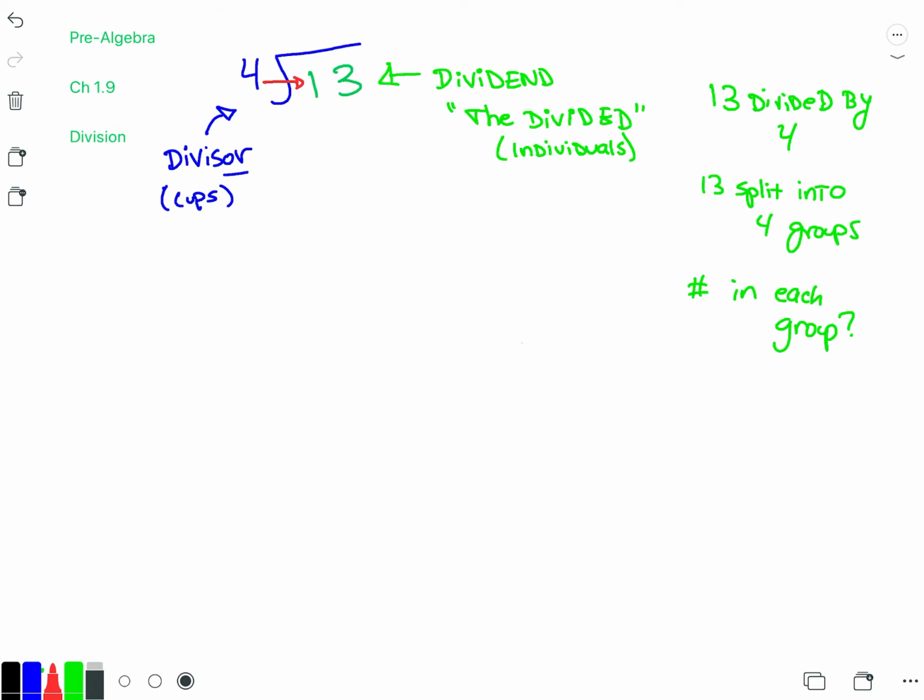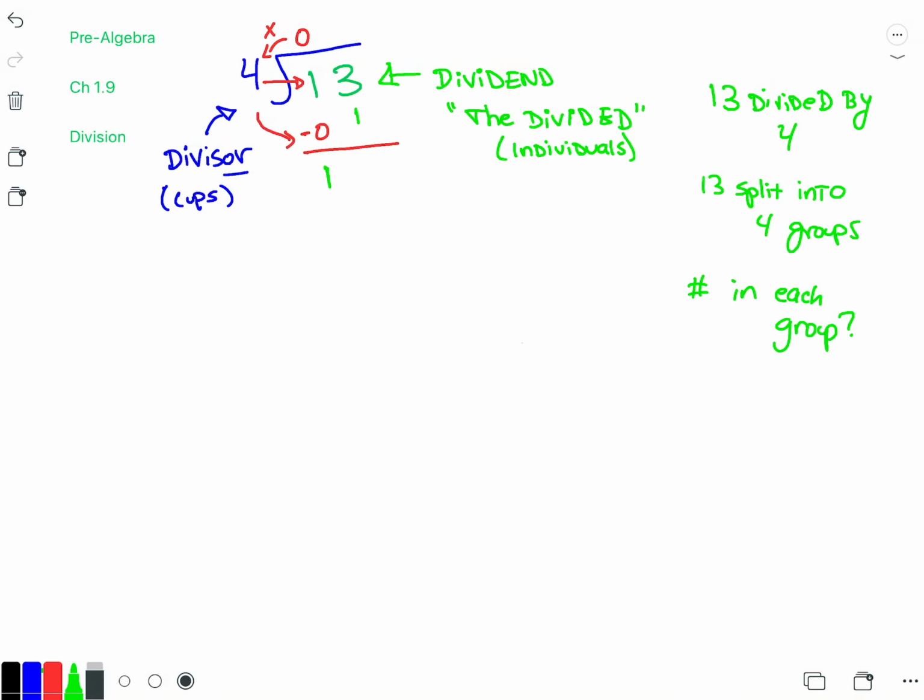There's no way. So 4 does not go into 1. It's 0 times, and then I multiply whatever is on the top by this side number, and I bring that product down here. So 0 times 4 is 0. Then I'm going to subtract, and I'm going to get 1 minus 0, which is 1.